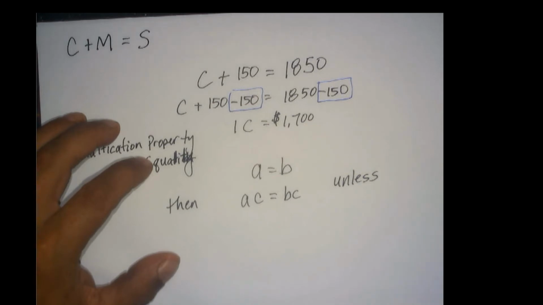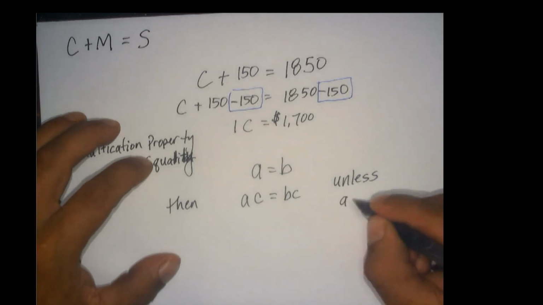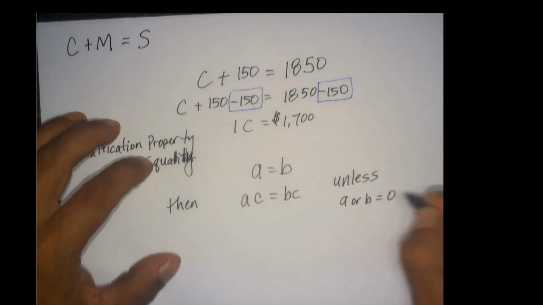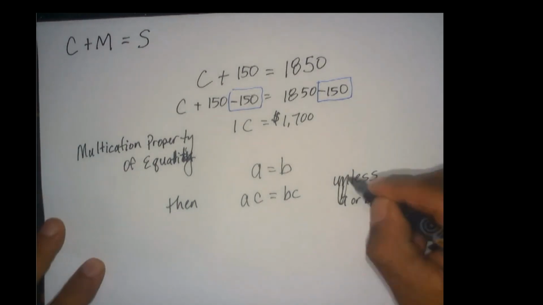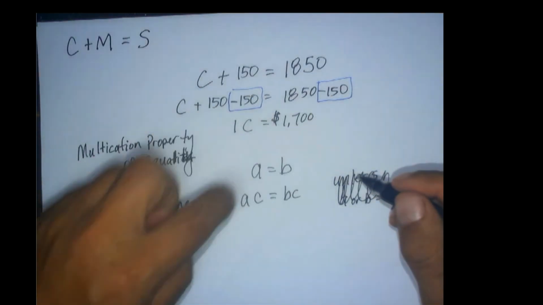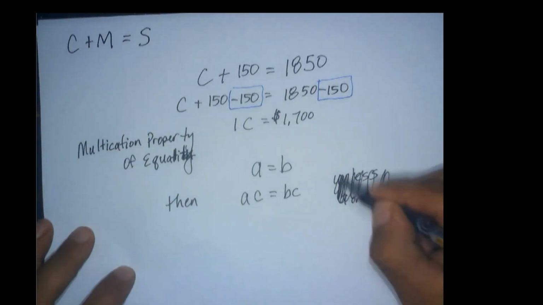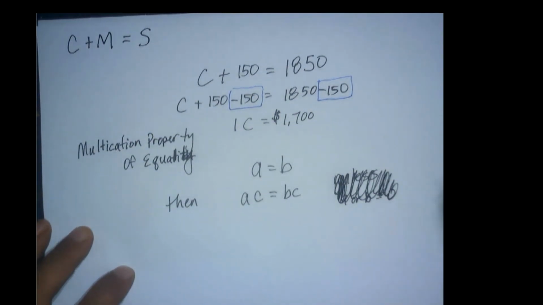Multiplication always has some kind of trick to it. Unless A or B is equal to 0. Okay. No, that works too. Never mind. It works if A is 0, because then it would be 0 equals 0, and then you can multiply. Forget that. Can't divide by 0, though, so gotta watch out for that.